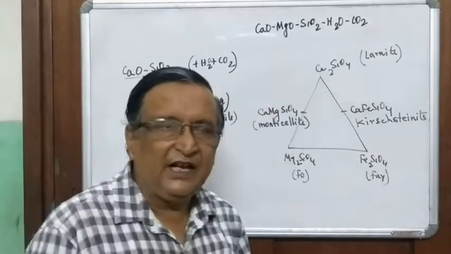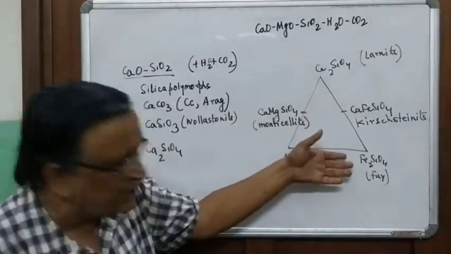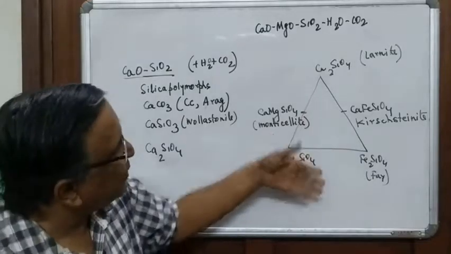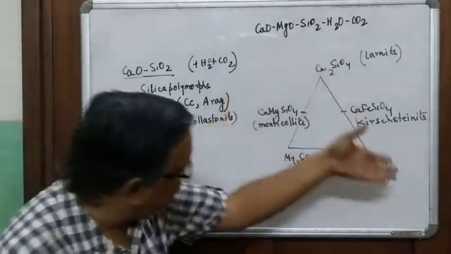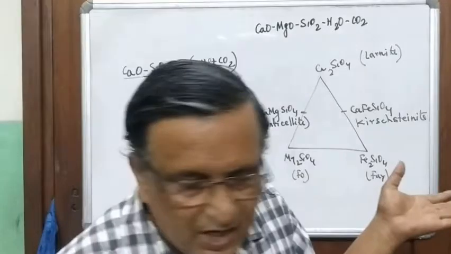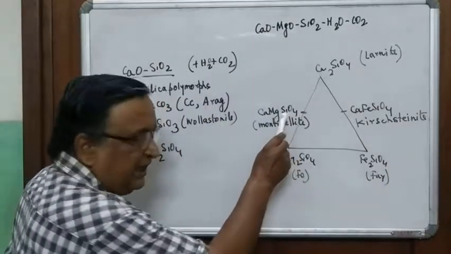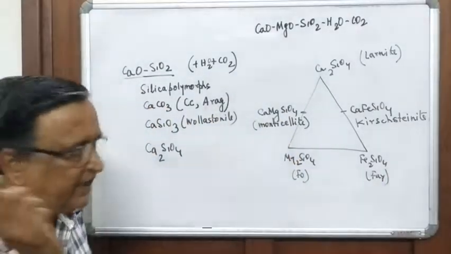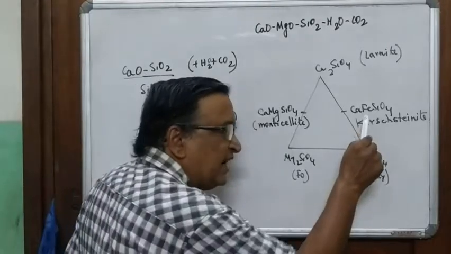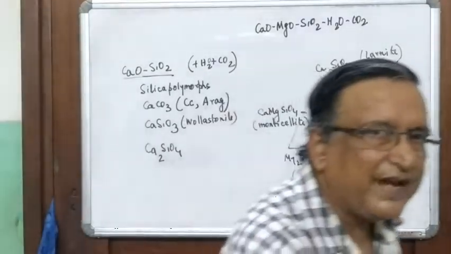So essentially, larnite is to olivine as wollastonite is to orthopyroxene. And monticellite is equivalent to diopside, and kirschsteinite is equivalent to hedenbergite.